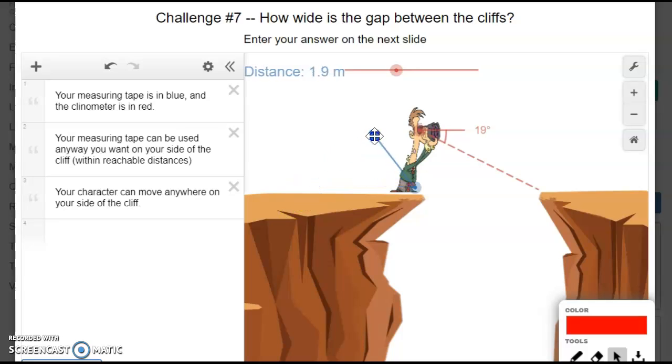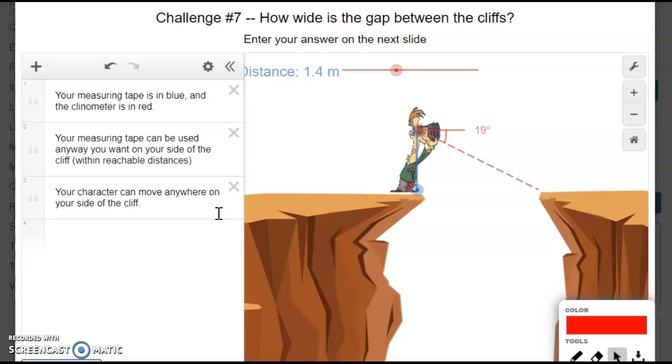Now I can measure where he's standing. I can measure this height, and I want this to be perpendicular, so I might need to move that a little bit. The distance is 1.4 meters, and I'm trying to figure out what the gap is.